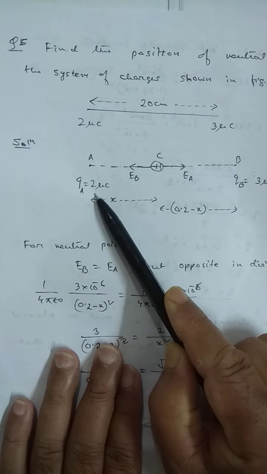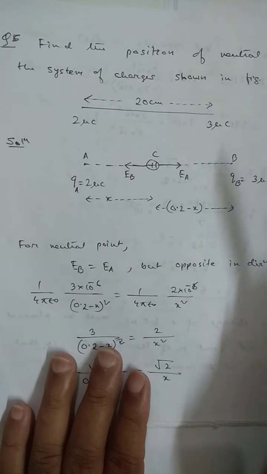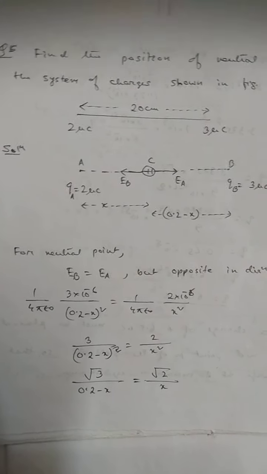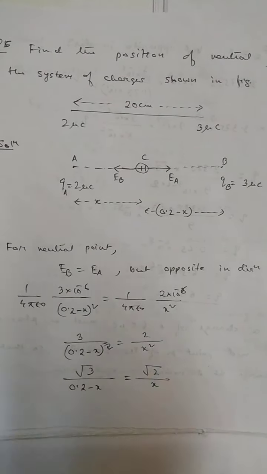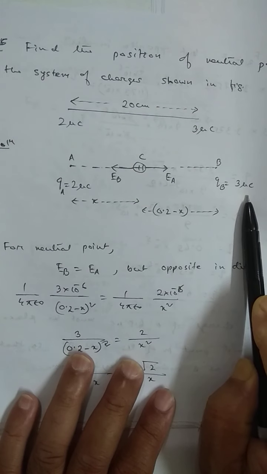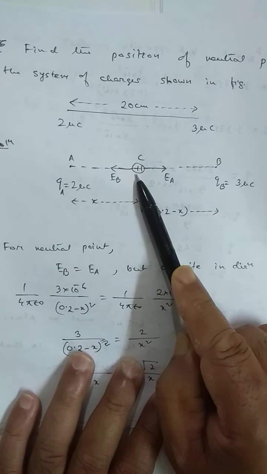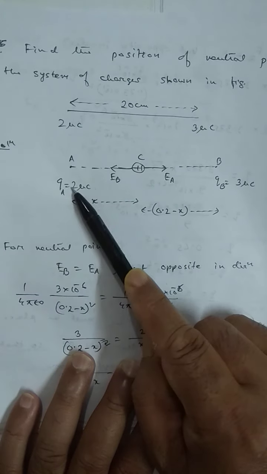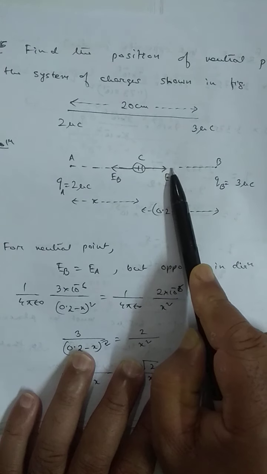Okay, so this is 2 microcoulomb, this is 3 microcoulomb. One charge is 2 microcoulomb and the other charge is 3 microcoulomb. I assume that this is the position where we obtain the neutral point. This is positive, it repels, it is EA.